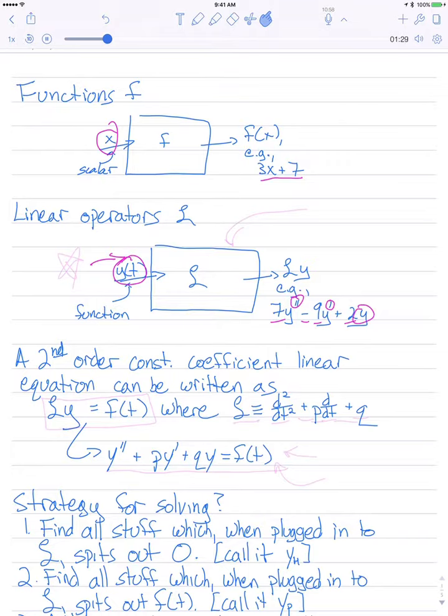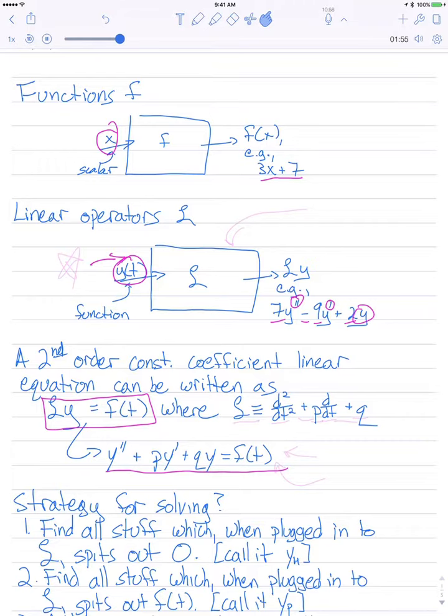And one thing we can do is write the kind of equation we are thinking of in terms of a linear operator. I want to think of this differential equation, y double prime plus p y prime plus q y equals f of t. An alternative way to write that is as the linear operator L operating on y, that's the left-hand side, and the right-hand side is f of t.